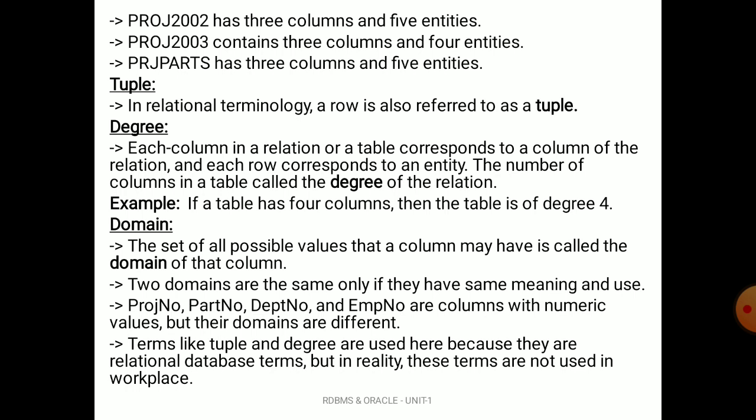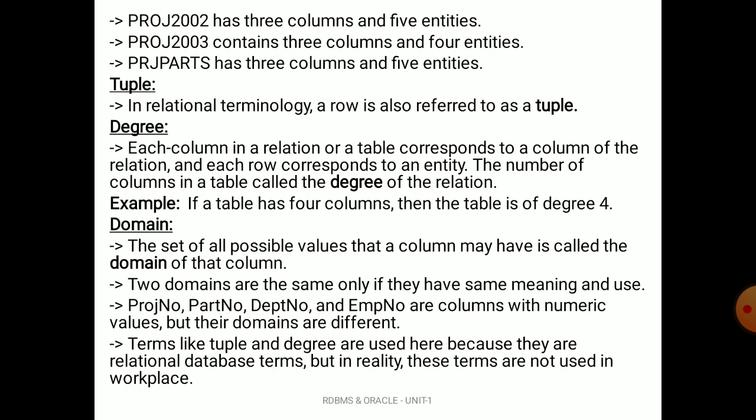Next one, domain. The set of all possible values that a column may have is called the domain of that column. In a table, the top row or first row represents the domain of the particular table. Two domains are the same only if they have the same meaning and use.